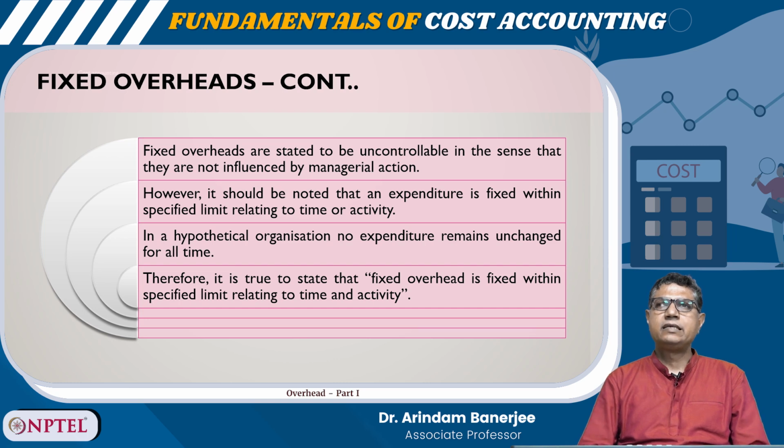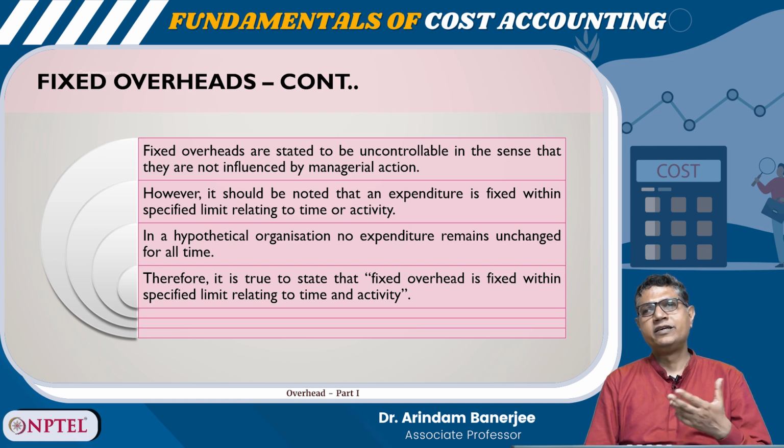The fixed overheads are stated to be uncontrollable in the sense that they are not influenced by managerial decision, at least in the shorter run, right. If the company has already entered into some agreement to pay say 1 crore rupees rent for the factory per month, then immediately it cannot change that. But in the longer run, of course, it can be changed, but in the shorter run it is difficult to change.